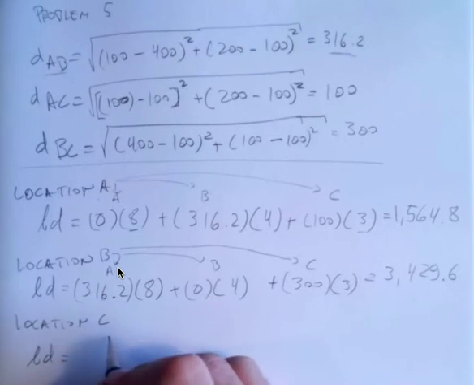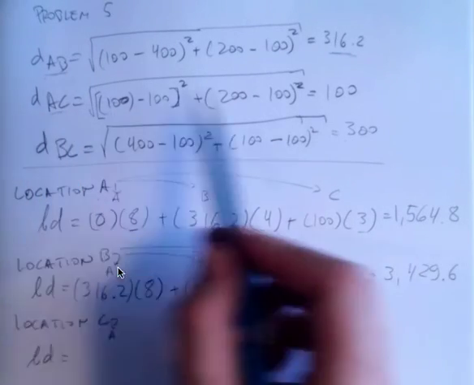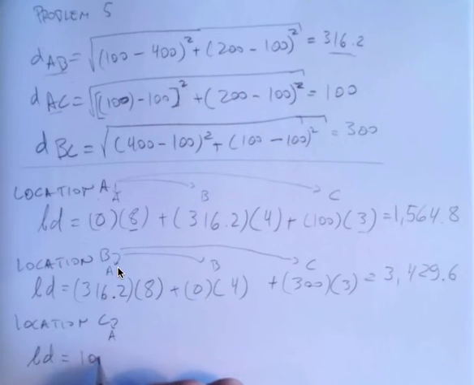So now I'm going to deliver from C to A. So C to A is the distance of 100. So 100 times 8, right?